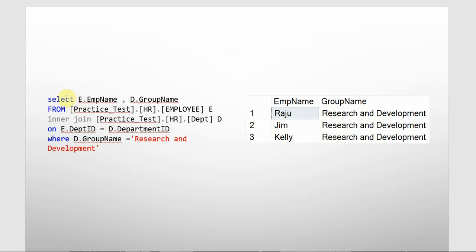For that, we have to enter the select employee name, and we have to specify E dot, where E is the alias for the employee table, D dot group name from the department table, inner join within them, and this is on is a matching condition where the department ID of employee and the department ID of the department gets matched, where the group name is research and development. So we see these three employees as the answer.